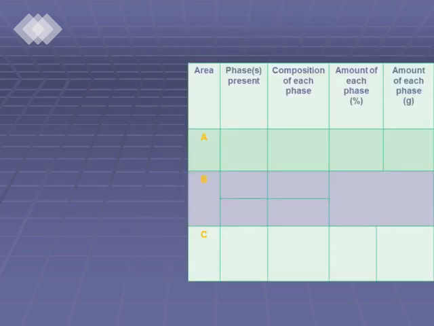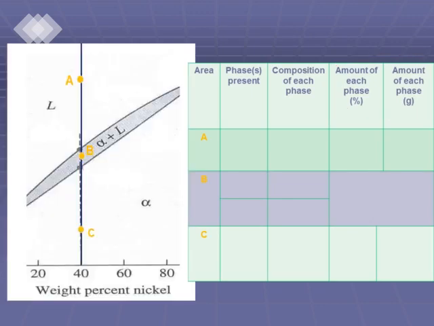Therefore, we want to know the composition and the amount of each phase present at point of interest, i.e. at point A, point B, and point C. We know that at point A and C, copper-nickel alloy is fully in liquid and solid form respectively.